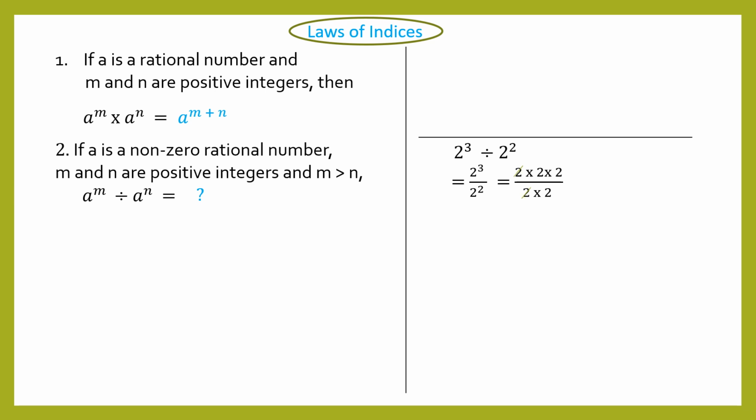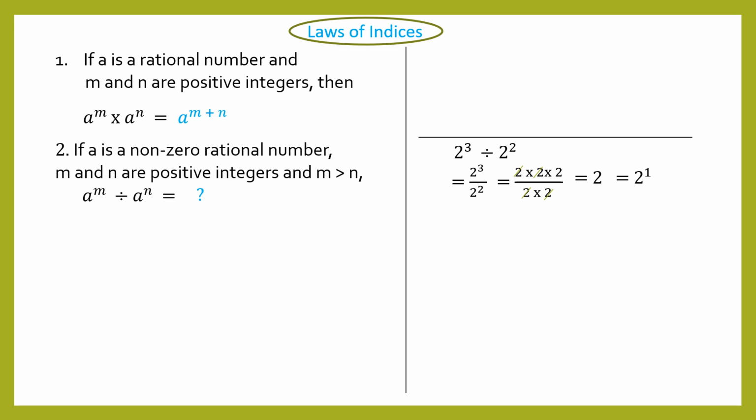Now what we are left with is only 2 in the numerator, so the answer is 2. Now this 2 can be expressed as 2 raised to 1. So we can write the final answer as 2 cube divided by 2 square is equal to 2 raised to 1.